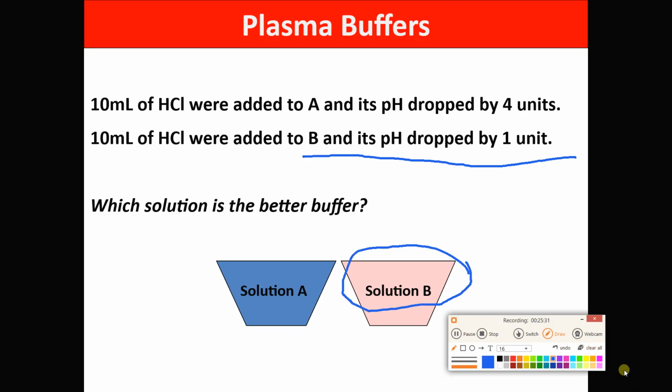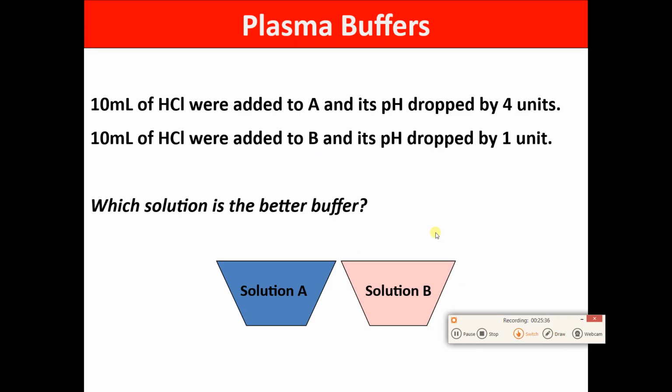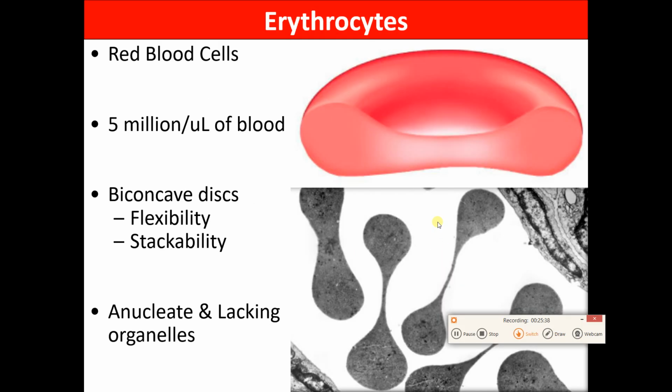All right, good job. Hopefully you got that right. If not, that is cool. Make sure you understand it. Ask me questions if you don't. And with that, folks, we are done with plasma and the plasma proteins. So now we can move on to our formed elements, starting with our red blood cells, our erythrocytes.